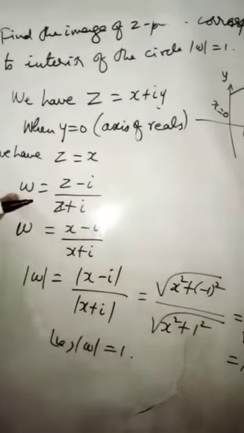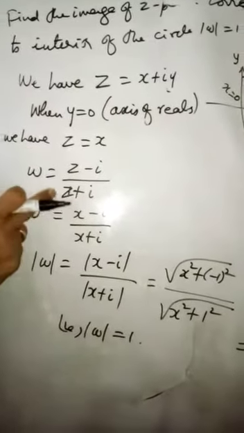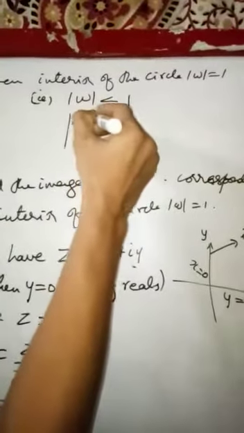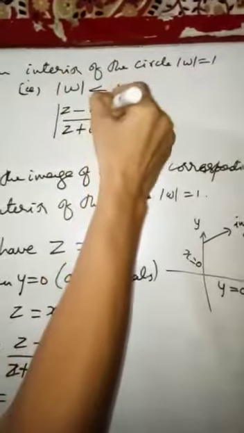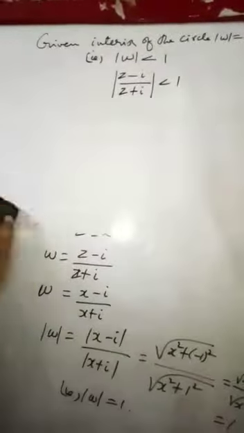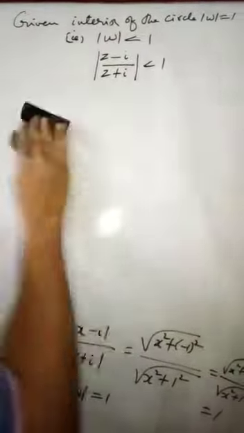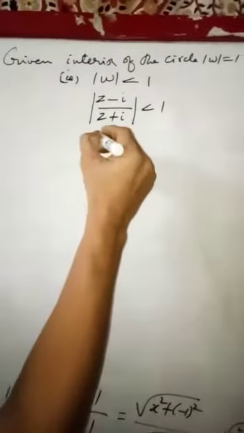Under this transformation, given that omega equal to z minus i by z plus i, substitute here. Now cross multiply.